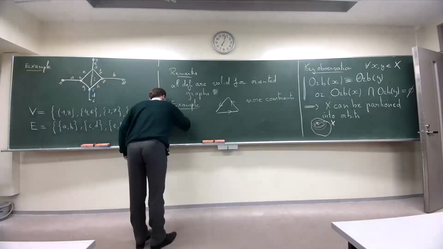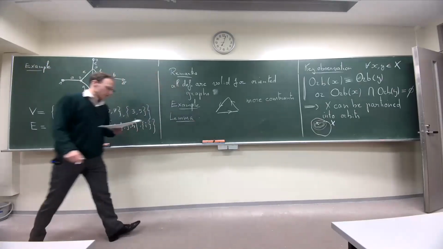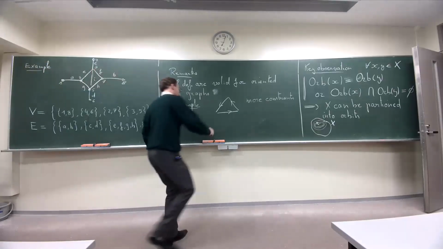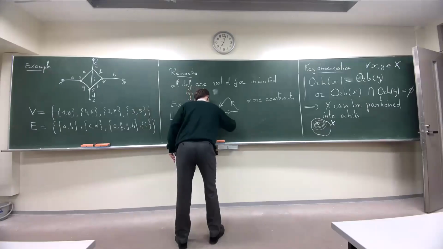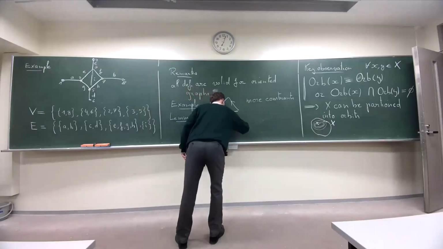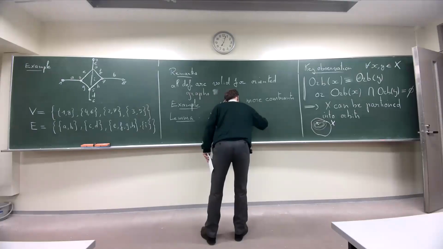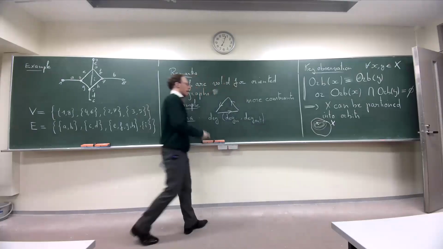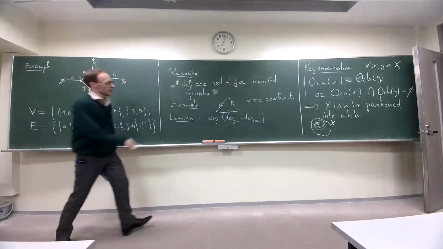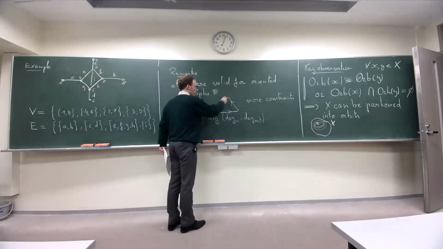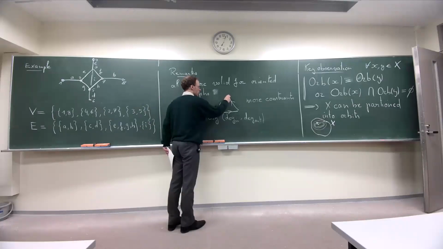A small lemma, and a lemma is something which usually is not difficult to prove: the degree, or both the in-degree and the out-degree, remember, in-degree and out-degree are defined when you have orientation. Here we have one out-degree because there is only one edge going out, and one in-degree, but the degree is 2.